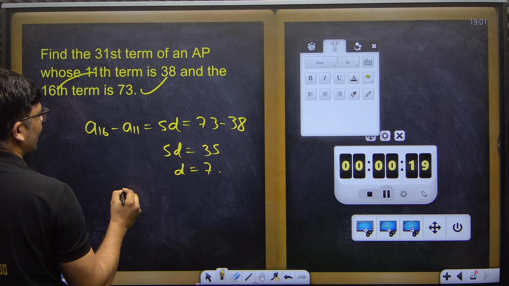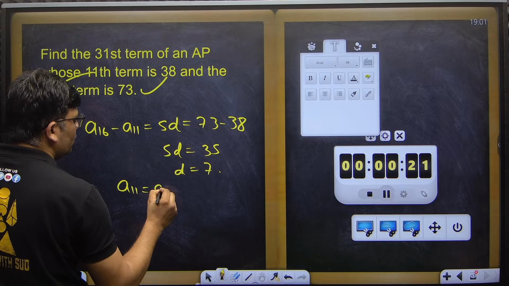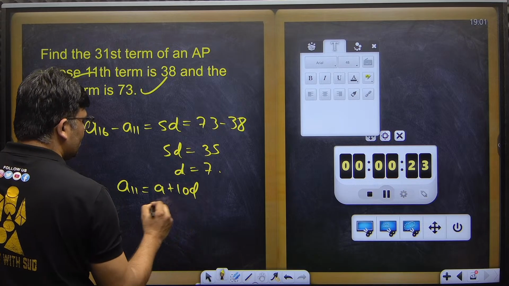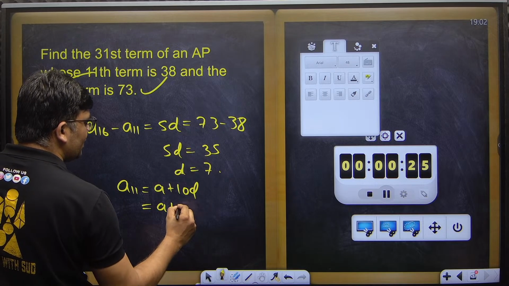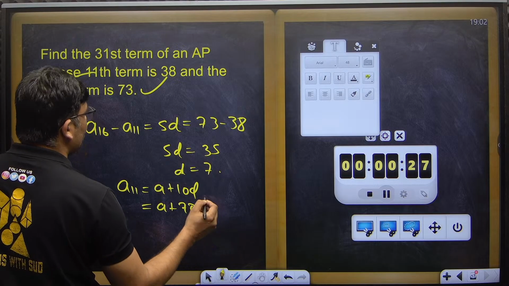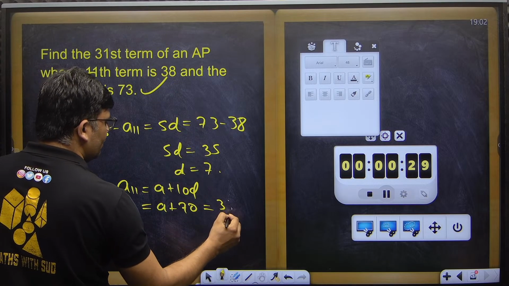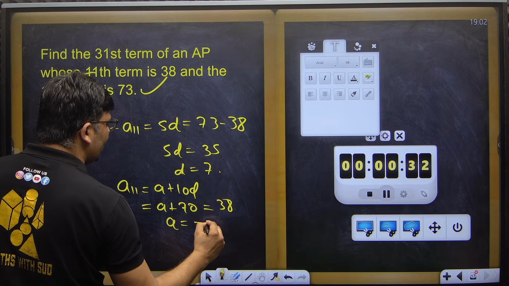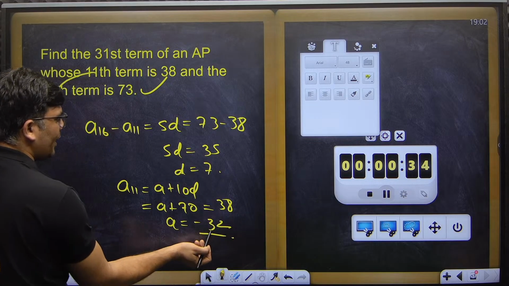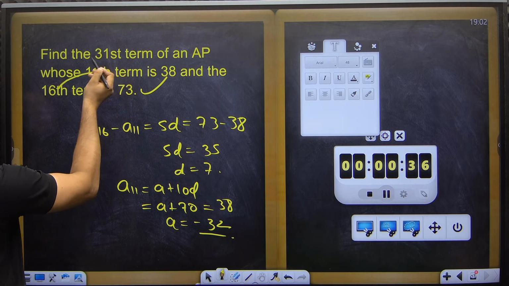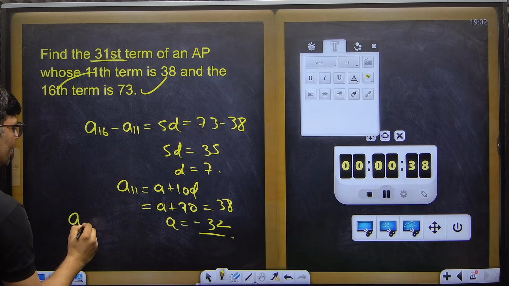Now again you write A11 is equal to A plus 10D. So A plus 10 into 7, that is 70, is equal to 38. That means A is going to be negative 32. Now we got A, we got D. We need to find the 31st term.